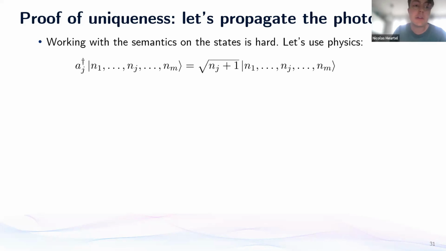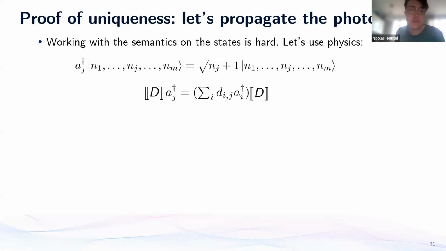So in particular, I use the creation operators, which is that kind of thing, like a dagger, which basically creates one photon. And as you can see, I made a typo. There is a n_j plus one, so there is one photon more here. But okay.